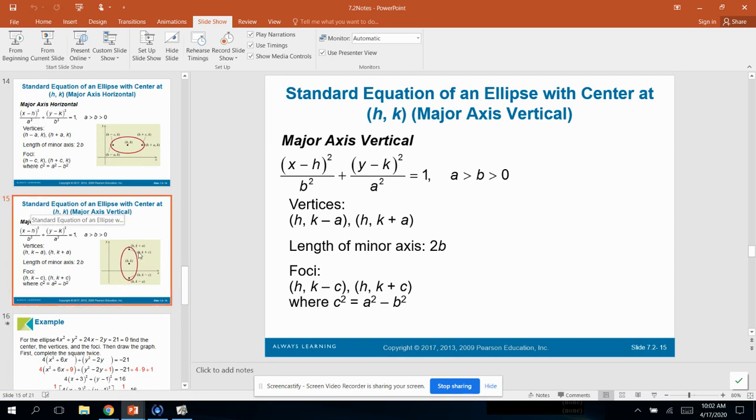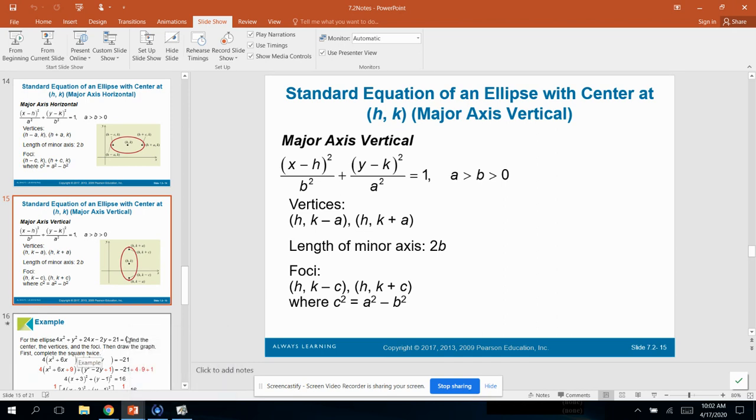And then it goes in the up or down direction. You can pause it and write this down if you want. I don't like this, but some people do. And it says H, K, and then it says H, K plus C, H, K plus A, H, K minus C, and H, K minus A.